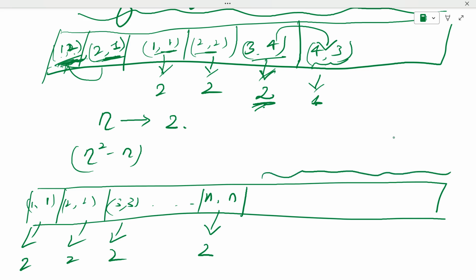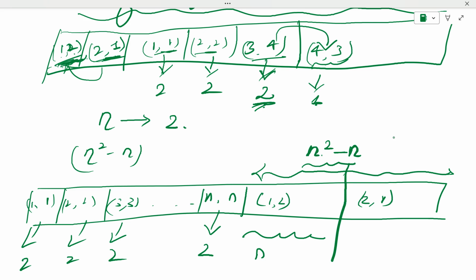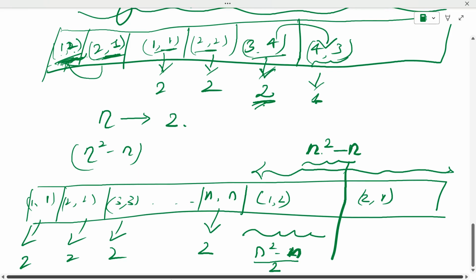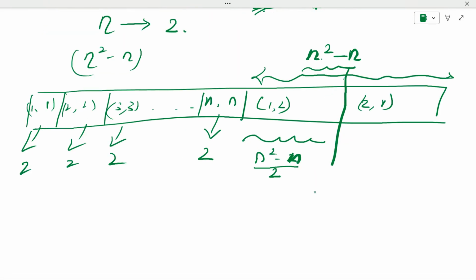For the remaining n square minus n elements, let's divide them into two halves, such that the first half contains elements like 1 2, and the second half contains the reverse part. So n square minus n divided by 2 pairs have the possibility of 2: each can be present or it cannot be present.